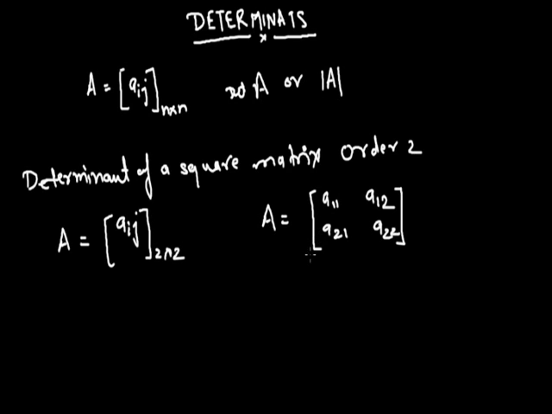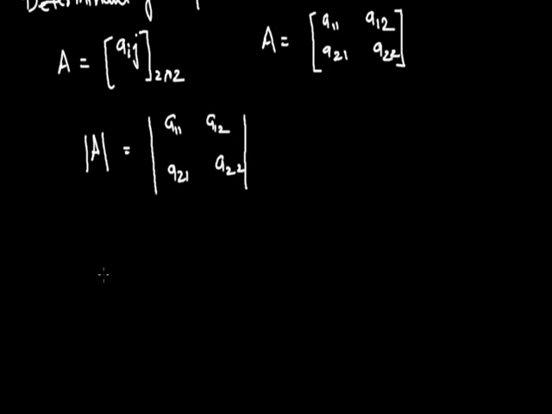If we want to find the determinant of the square matrix, we write it in this form, a rectangular arrangement: A11, A12, A21, A22.